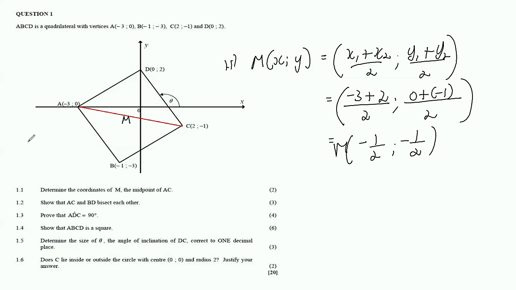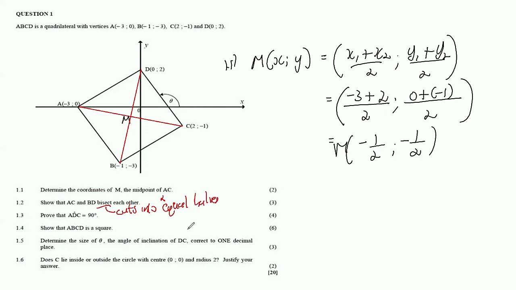So again, now they are saying that we have another line BD. So let's join points B and D, and then there we go. But then now we must prove that these two lines bisect each other. What is the meaning of the word bisect? Now we know bisect means cuts into 2 equal halves, right?